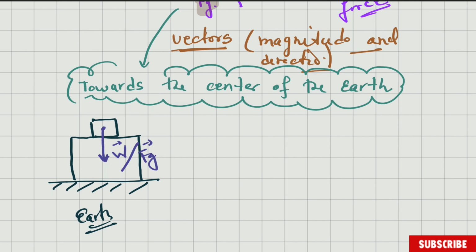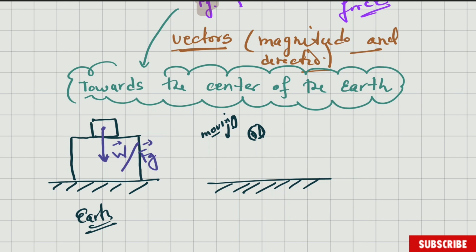This applies to all the objects that are near the surface of the Earth, even if the object is not on a surface. Let's say, for instance, the story of the apple that falls, or a ball that is falling. This ball is moving down, but the direction in which it's moving is not important.